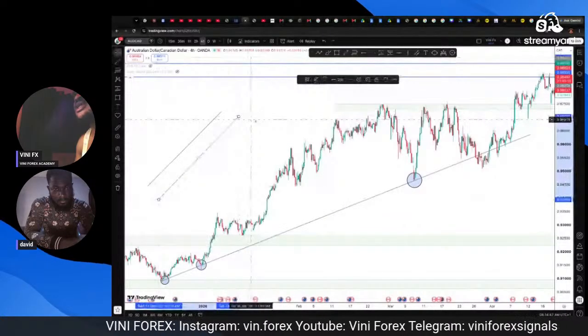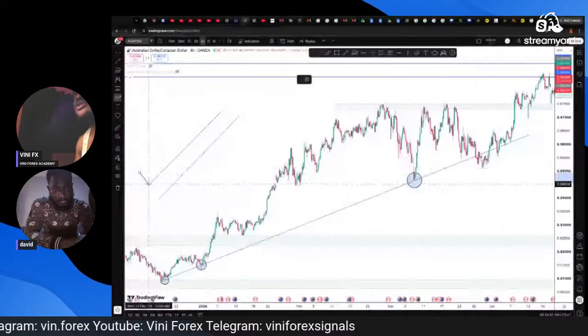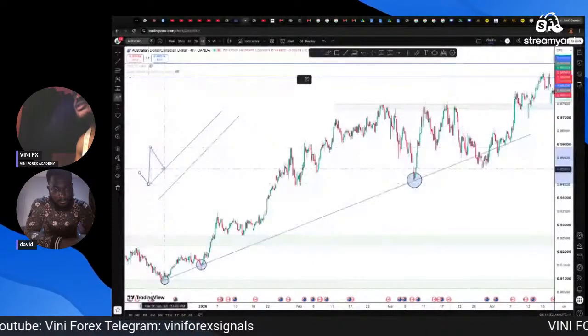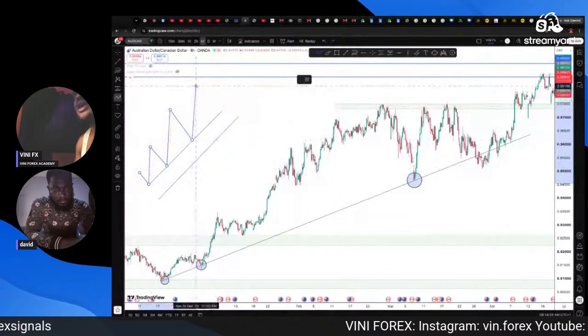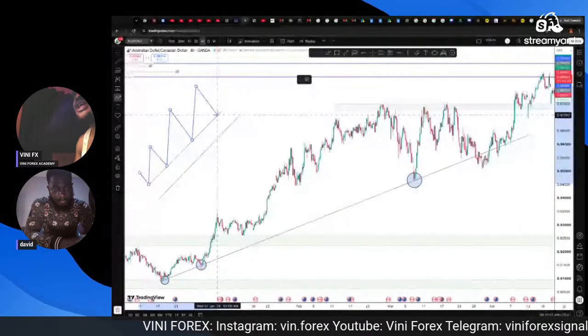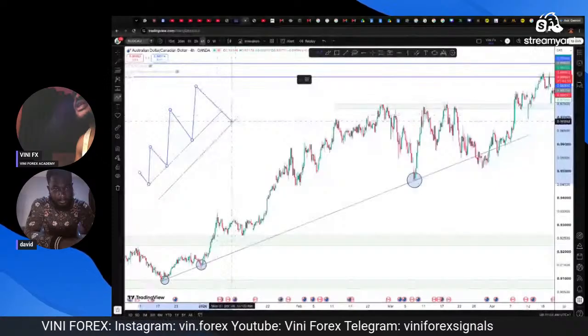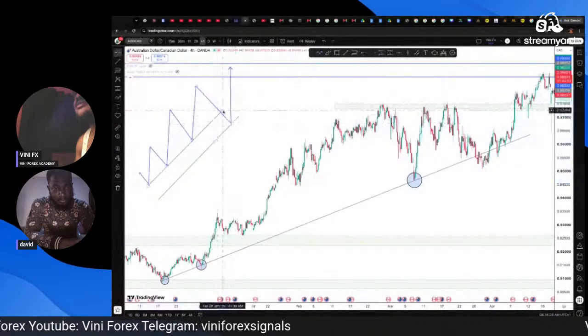A chart can still touch the trend line, go up, touch it again, go up again, and you want it to touch it perfectly like this. But then it will decide to come down to this area before it keeps on buying again. So it is still valid because why?